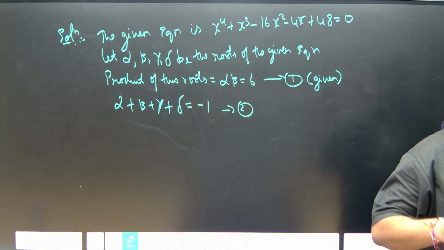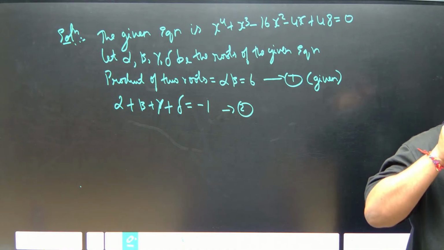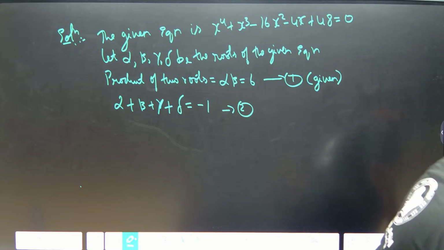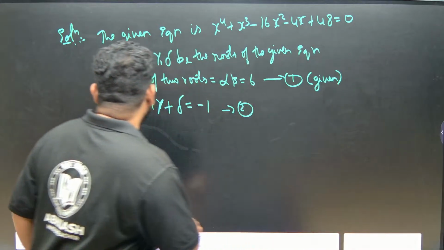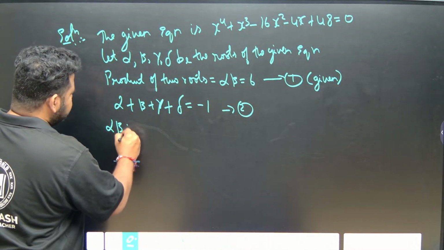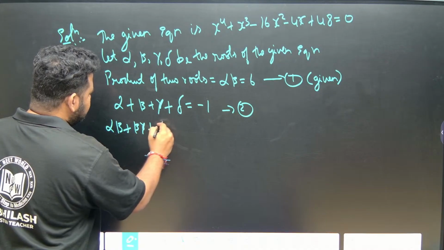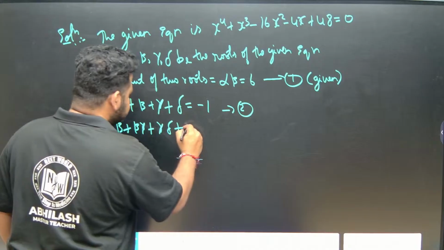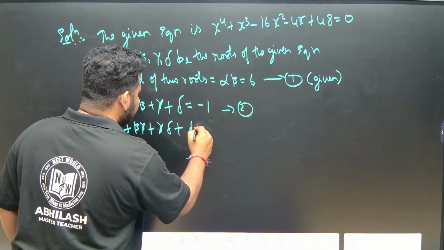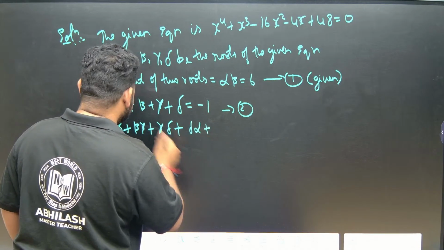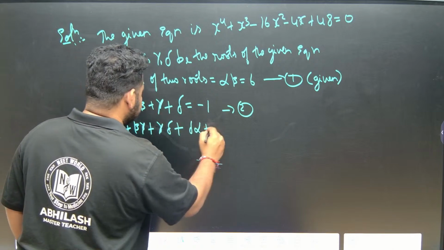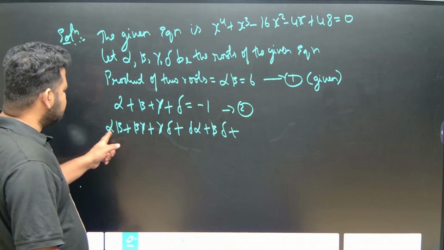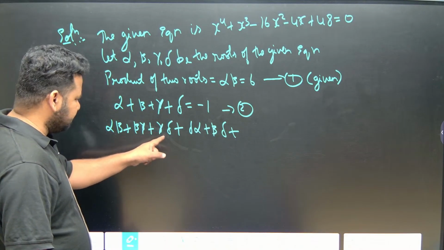Next, what should we write? Alpha beta, beta gamma, that is the product of two roots. Product of two roots means that will become alpha beta, beta gamma, gamma delta, delta alpha, and what else is left?